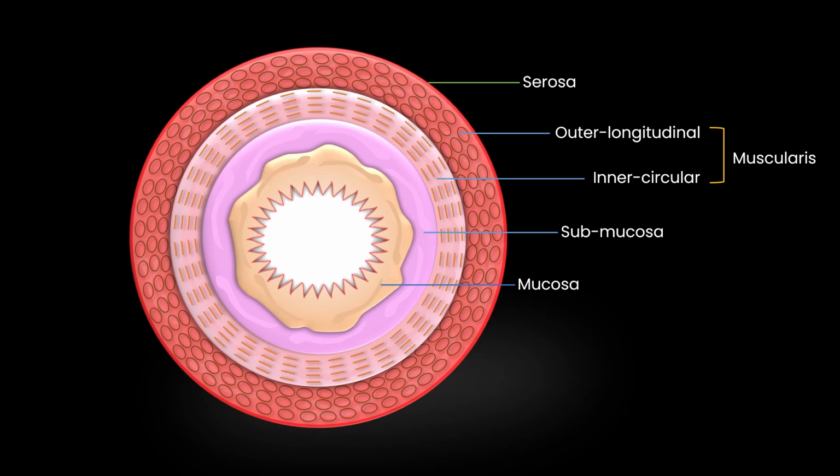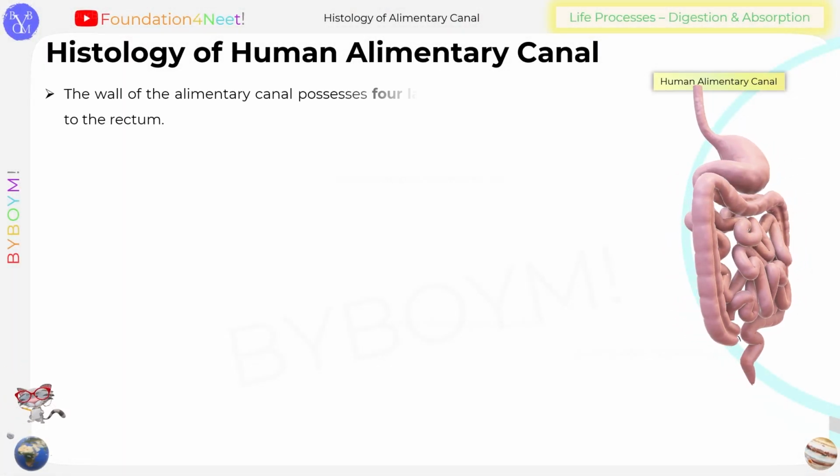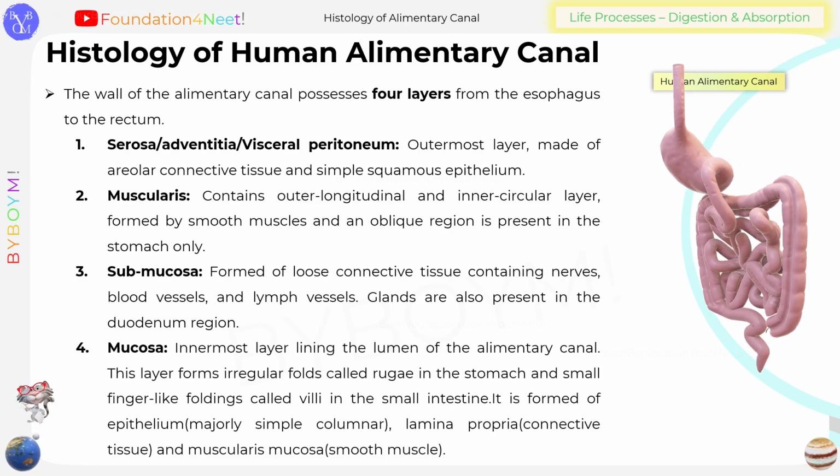It is formed of epithelium, majorly simple columnar epithelium, and lamina propria, which is made up of connective tissue, and muscularis mucosa, which is made up of smooth muscles. The inner cavity or the empty space is known as the lumen of the alimentary canal. Now that you know the histology of the alimentary canal, you must be wondering what are these villi in the mucosa layer. Before we do that, just take a nice screenshot of whatever we have done.